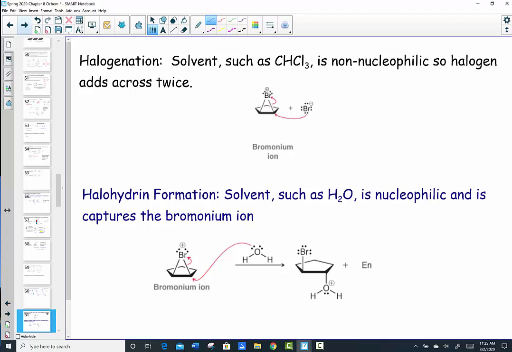If we use halogenation with a solvent such as CHCl3, a non-nucleophilic solvent, the bromine adds twice. So the solvent does not compete in the reaction.